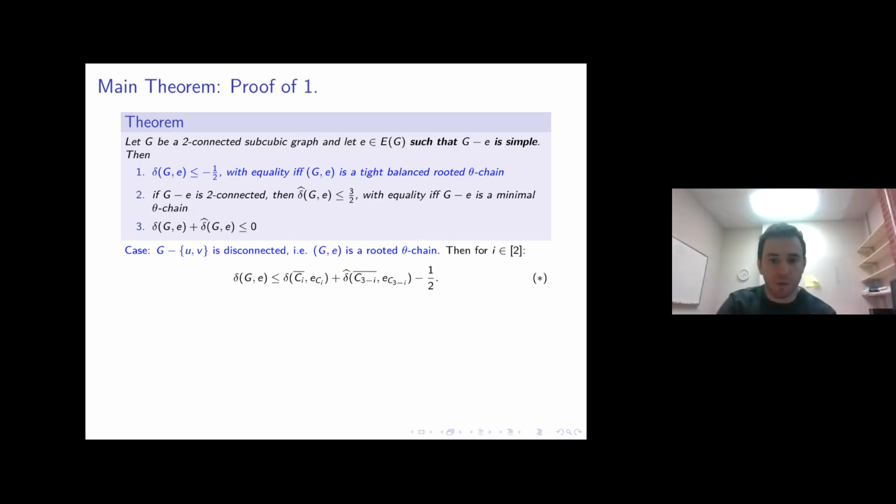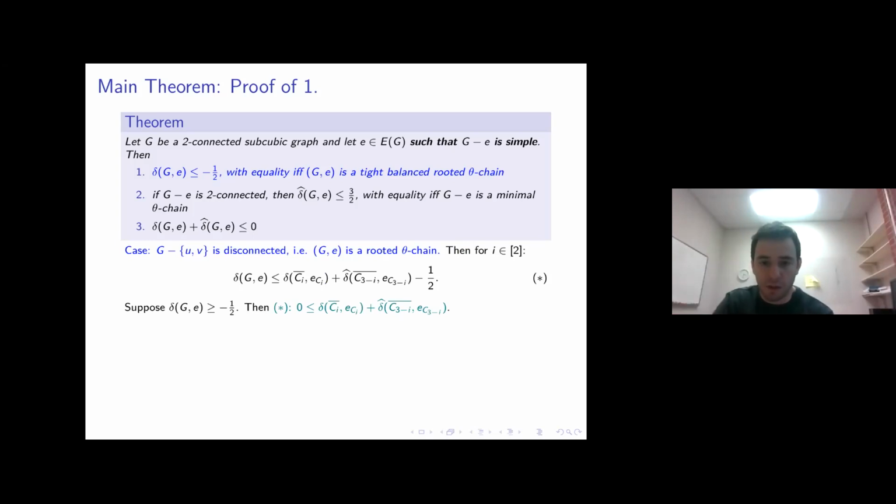So roughly how you prove this is that if it's a rooted theta chain, you have to either go left or right. So you get savings from one chain and you get the cost from the other chain. And that's true for both I. And so to prove it, suppose that delta GE is greater than -1/2.